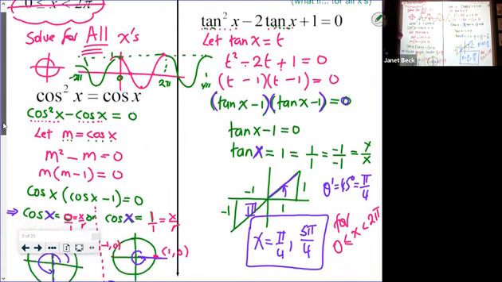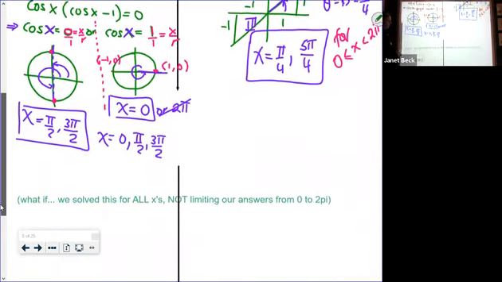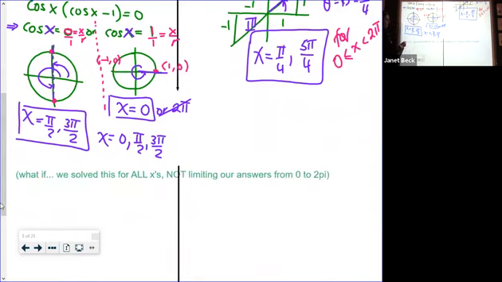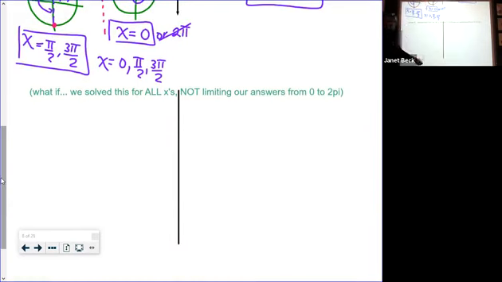Okay? Let's make a note about what we're doing here. If the question had asked you to solve for all values of x, not just those from 0 to 2 pi, you find these solutions, you get each of your solutions.